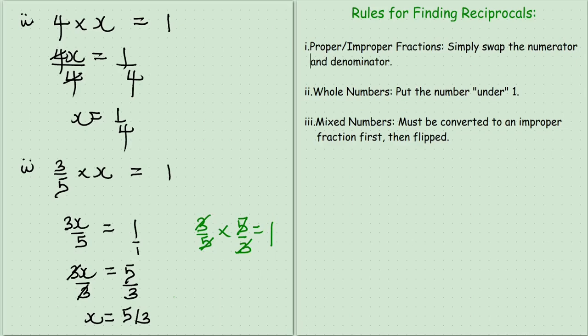First of all, when the number you have is a proper fraction or an improper fraction, if you want its multiplicative inverse, we say simply swap the numerator and the denominator.